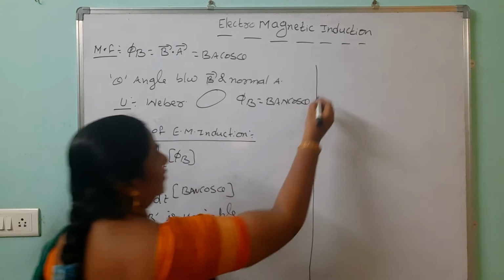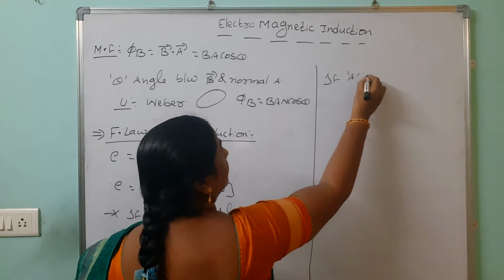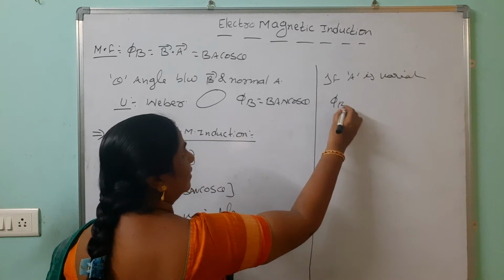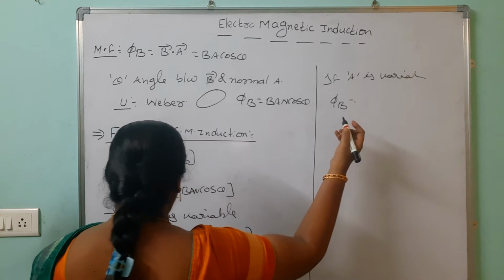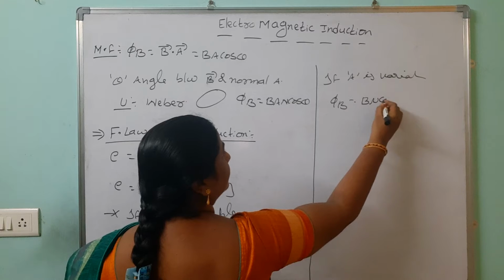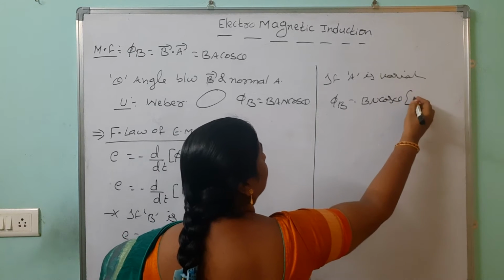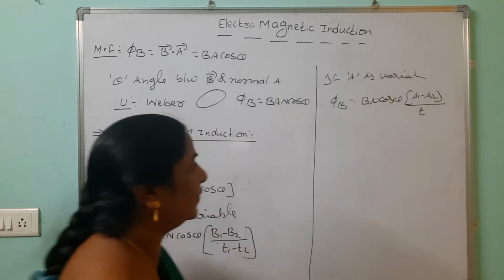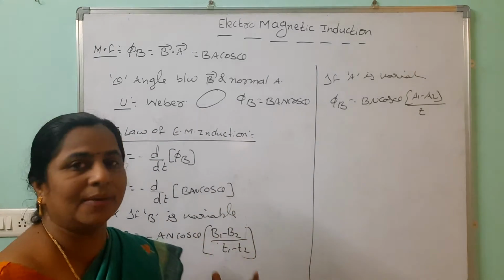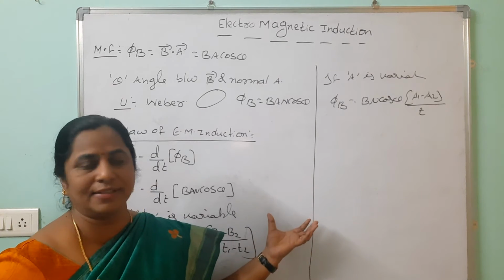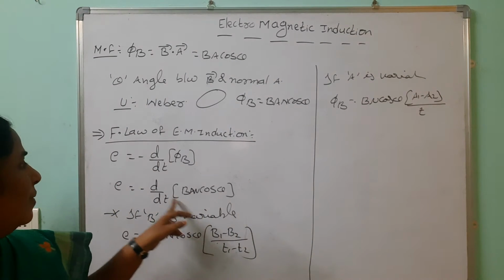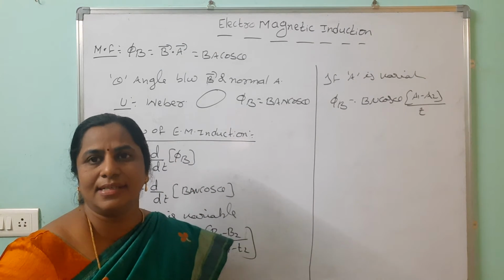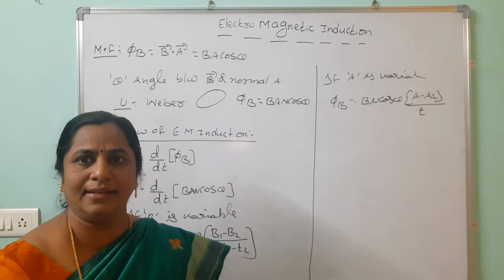Likewise, if A is variable, remaining all constant, it becomes BN cos theta times (A1 minus A2) by delta T. Based on the variables and constants, we can change this formula. This is the basic formula for the relation between induced electromotive force and magnetic flux. This is Faraday's Law of Electromagnetic Induction.